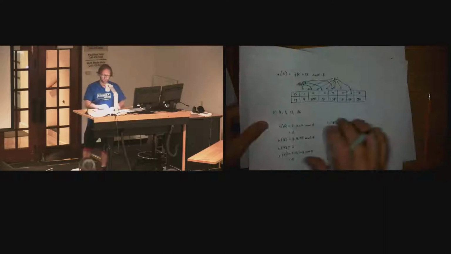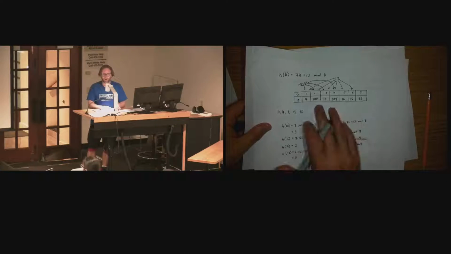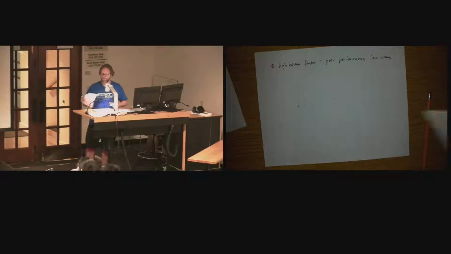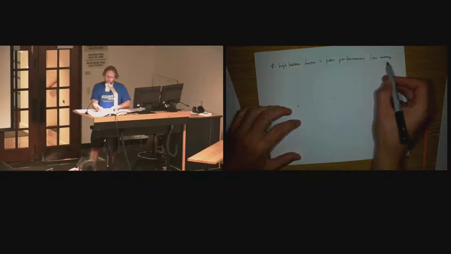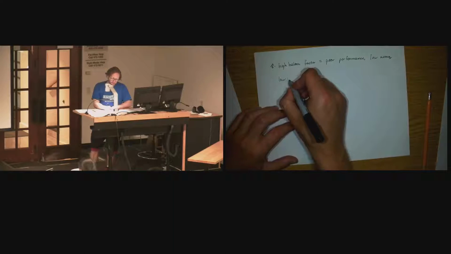Going back to the beginning here, this is full. We're not wasting any memory here at all. If it were only half full, then we'd be wasting half of our memory. If I want to store 50,000 things and I create an array of size 100,000, well, I'm wasting half of that memory. But if you have a high balance factor, well, you're saving on memory, but you've got poor performance.